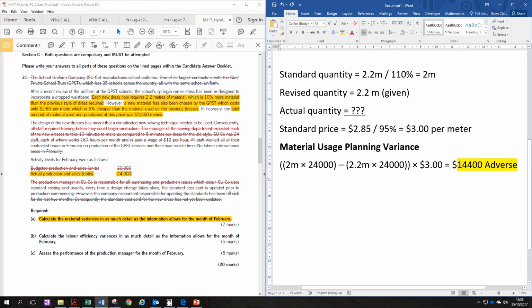Okay. Now we're going to move forward to the material usage operational variance. That is the difference between the revised quantity and the actual quantity. So we are still going to take 2.2 meters multiplied by the actual quantity, which is 24,000, and we are going to minus this from the actual usage, which is given as 54560 meters, given over here.